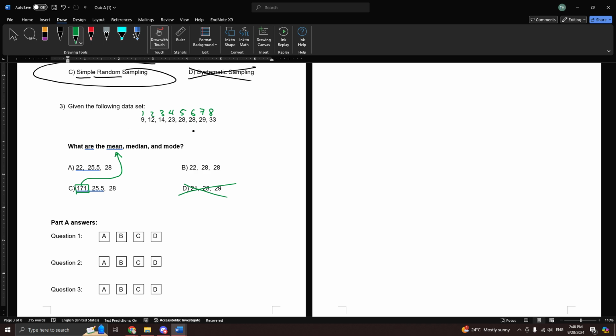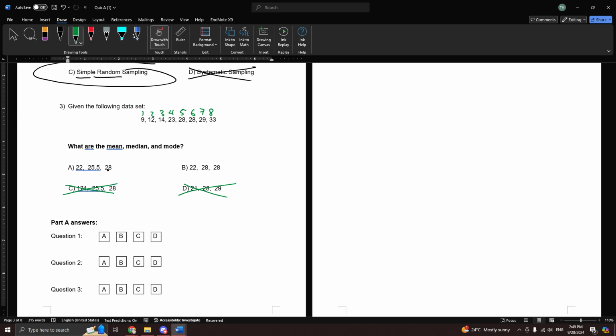And looking at these numbers, the highest number we have is 33, and honestly, they're all lower than 30. So it does not make sense for our number to be 171. Our average should not be that high. It's impossible for it to be that high. So our answer cannot be C as well.